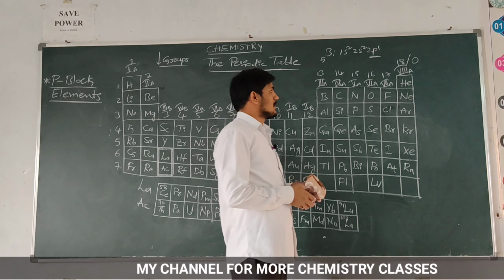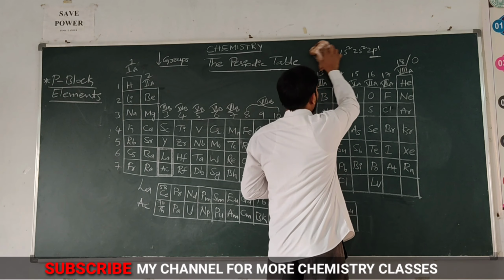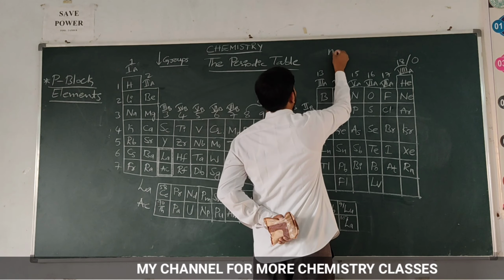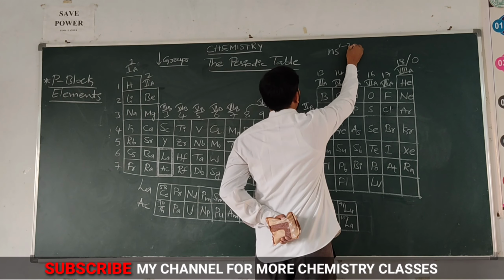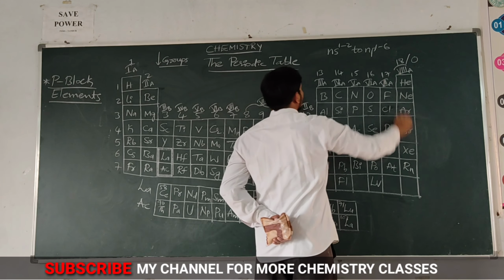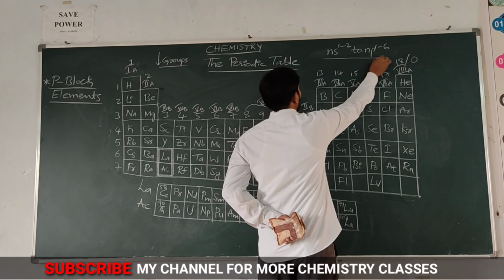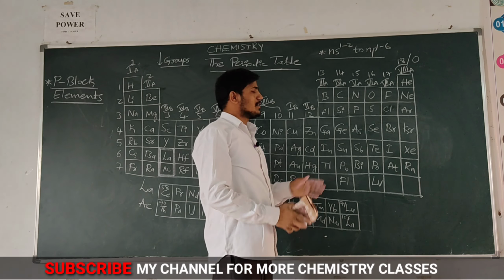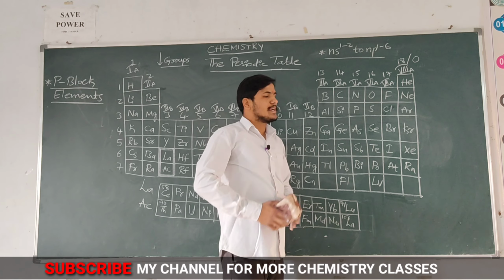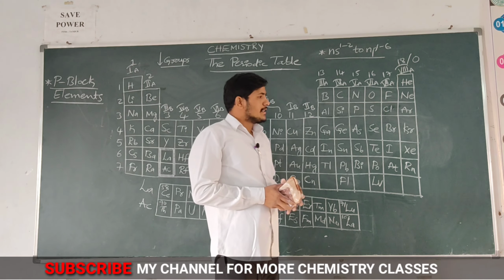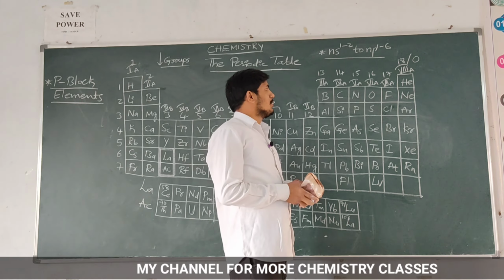The general electronic configuration of p block elements is ns1 to 2, np1 to 6. This is the general electronic configuration of p block elements.